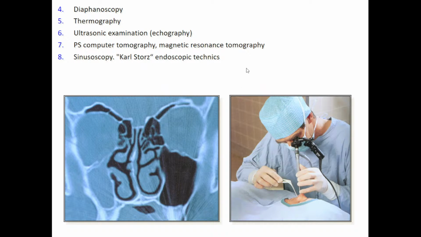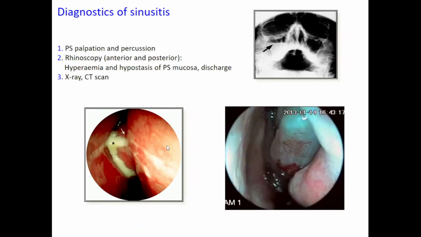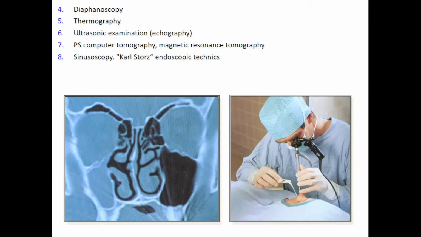If you have the possibility, the equipment, instead of anterior and posterior rhinoscopy, you must do endoscopic examination of the nasal cavity. This is the CT scan of the brain to visualize the nasal sinuses. You can see here the opacification of the right or left maxillary sinus.